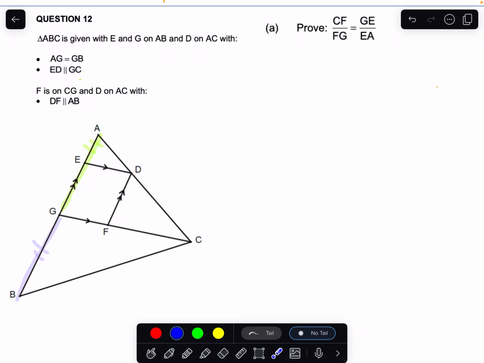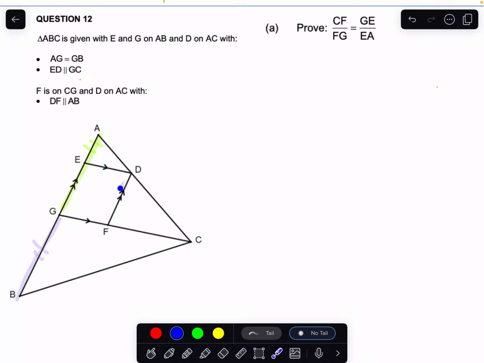I can see that there's a parallel line here dividing this triangle, so the ratio of this to this is going to be the same as the ratio of this to this.